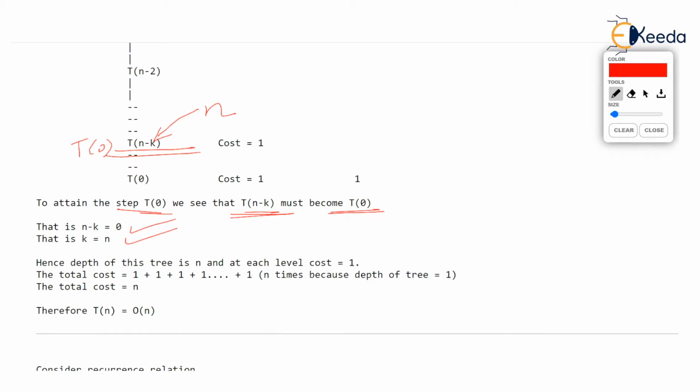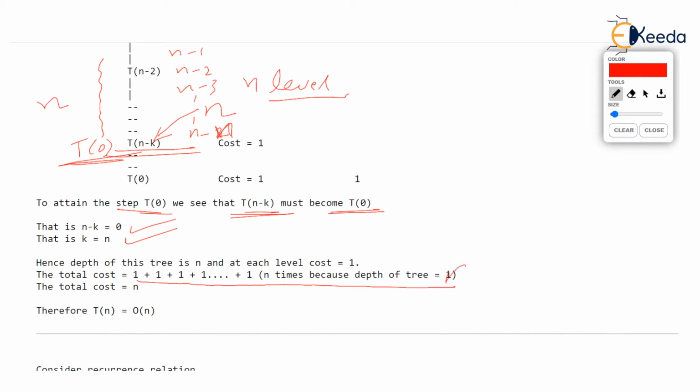To get this step, we should repeat this process n times, isn't it? N minus 1, then n minus 2, then n minus 3, up to n minus n. So definitely there will be n levels, and the cost at each level is 1. That means 1 is getting added with itself n times because the depth of the tree is n.